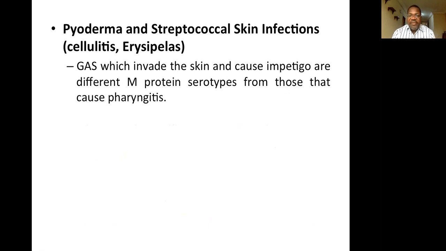These are Group A Streptococci, but now different serotypes from the serotypes that cause pharyngitis, the pharyngitis associated with scarlet fever, with rheumatic fever, or with other conditions that we discussed. Those serotypes of group A Streptococci are associated with cellulitis and erysipelas, so they are different from those causing pharyngitis.